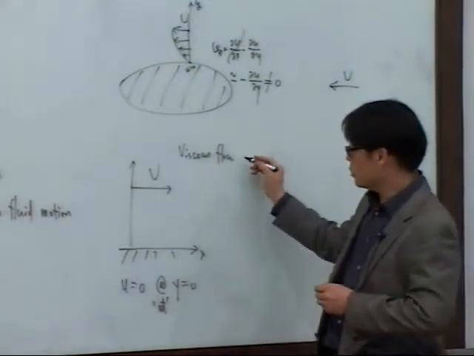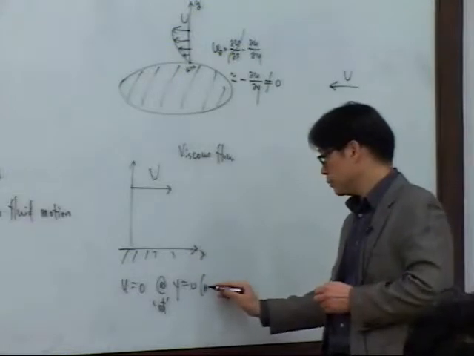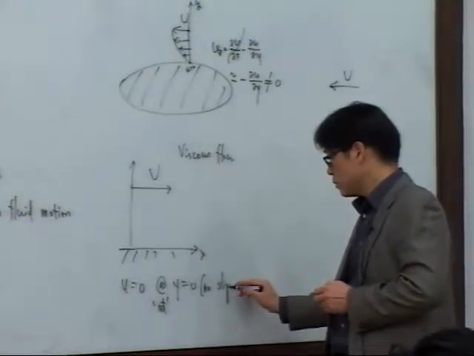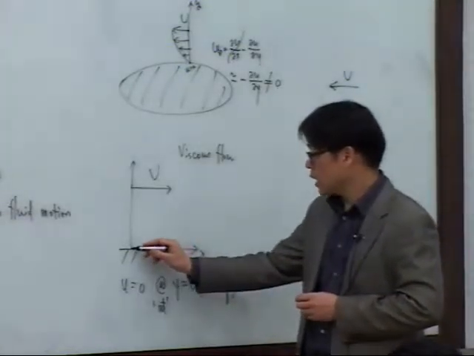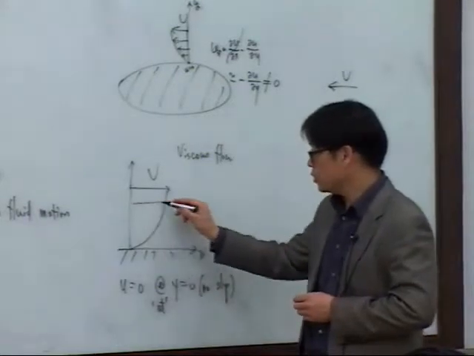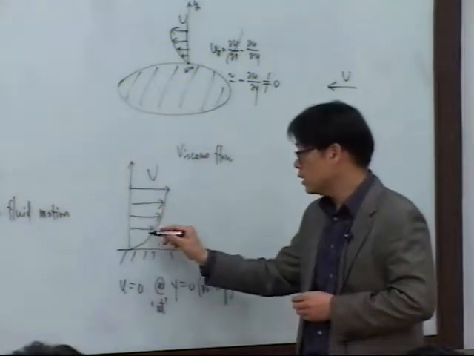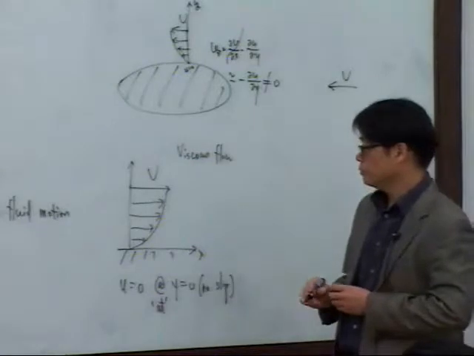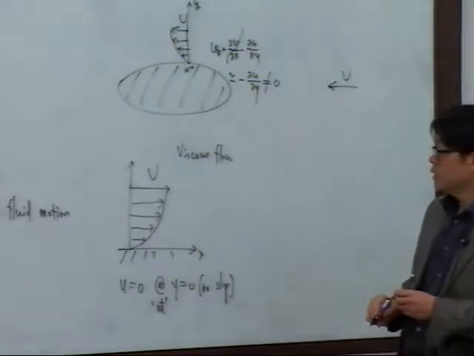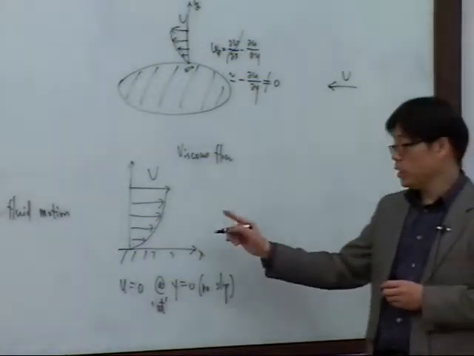No-slip boundary condition. So this increases from 0 to some constant value like this. So the vorticity is generated.